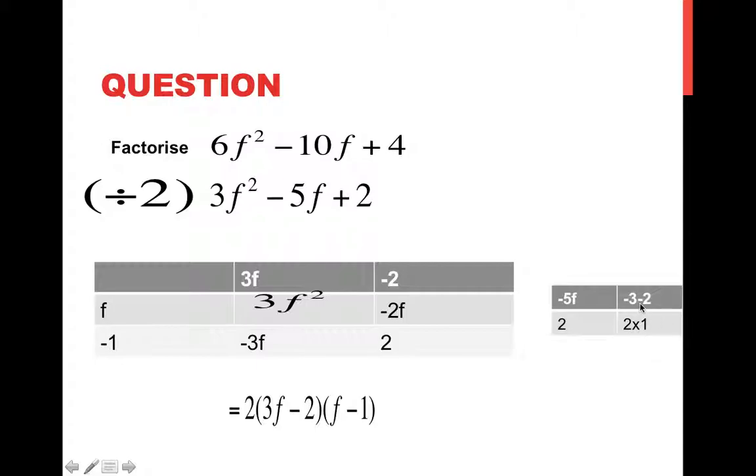So if we just put minus 3 minus 2 is minus 5f. So there's the values, as you can see here, done. And then we do 3f minus 2 in the bracket, and then f take away 1. I got this 2 here because we simplified it by 2. So when you expand that, it should be quite simple and quite straightforward.